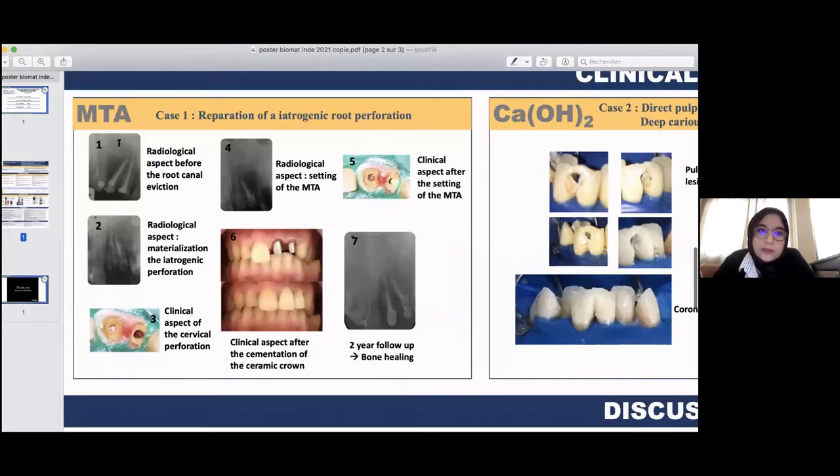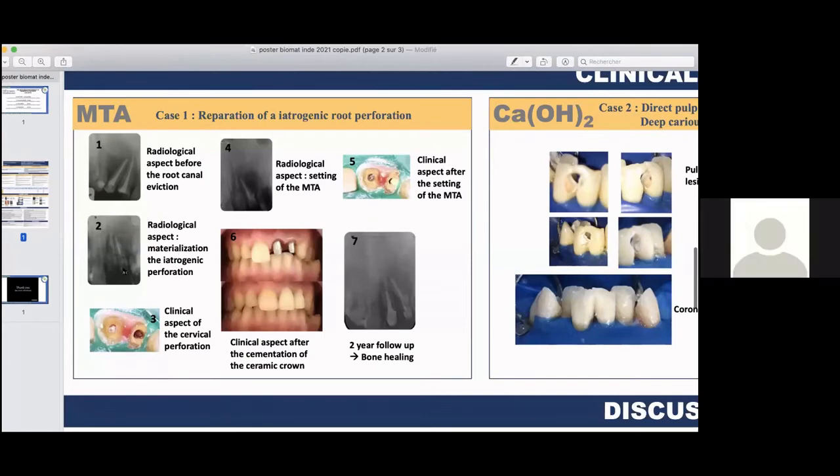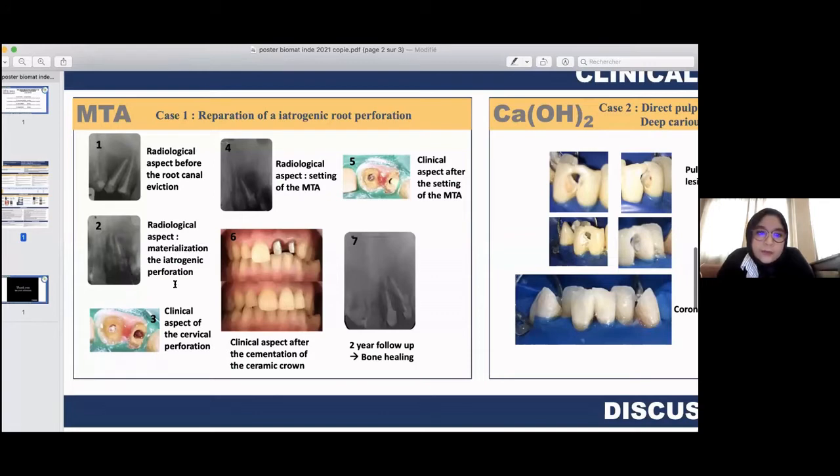You can see here the first radiograph, the radiological aspect before the root canal treatment, and the second radiograph after the iatrogenic root perforation. We materialized it with a hand file. The third picture is the clinical aspect of the cervical perforation.